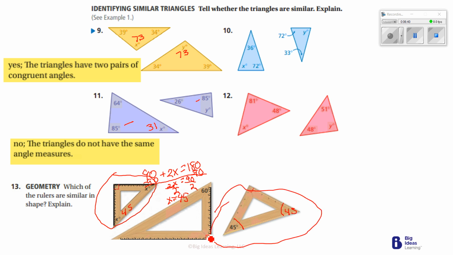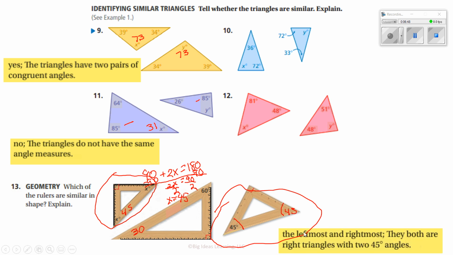This one is not similar because if we have 90 here and 60 here, this one must be 30. All right? So that reveals the answer. The leftmost and rightmost, they both are right triangles with two 45-degree angles. Okay?